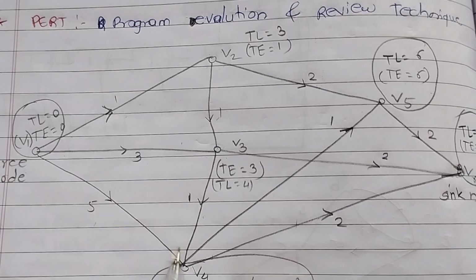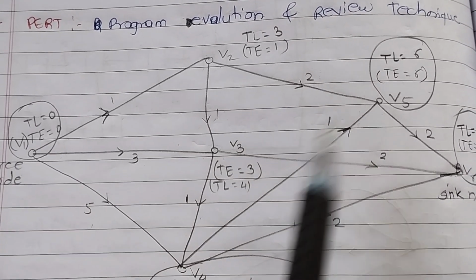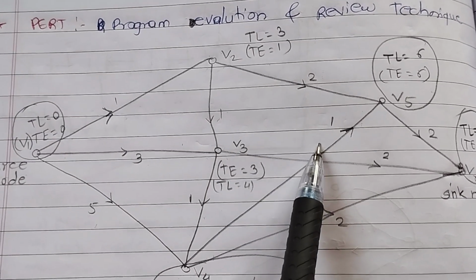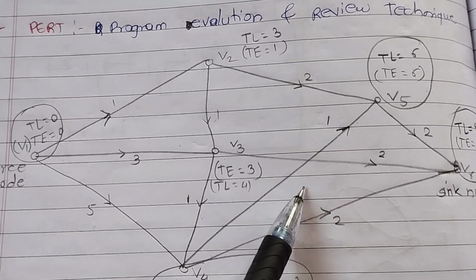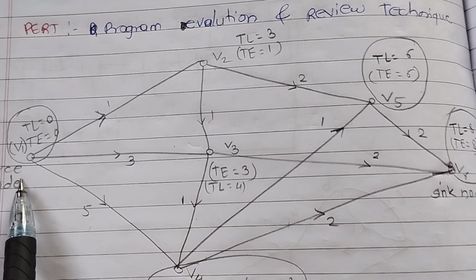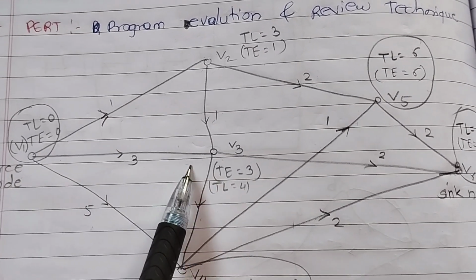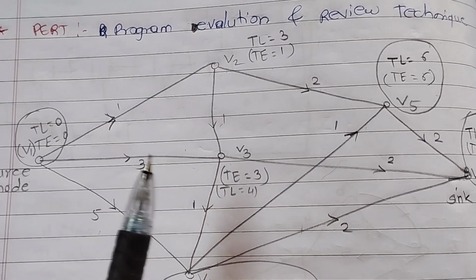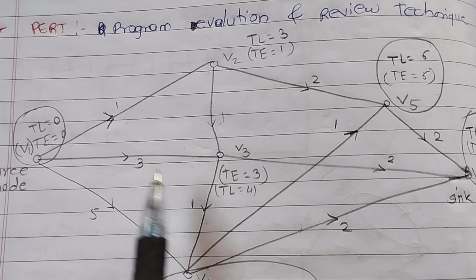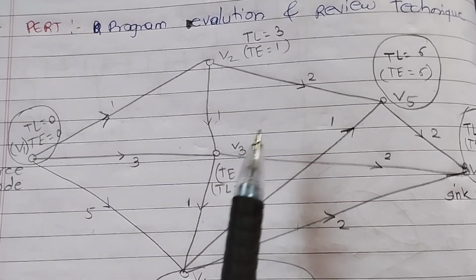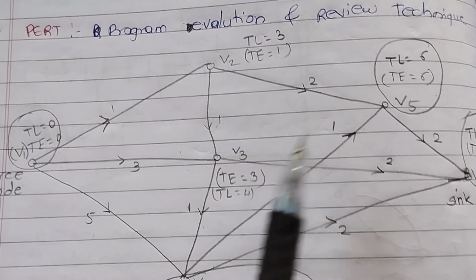Go from V1 to V4, V4 to V5, the count is 1 plus 5, that is 6. Another way is V1 to V3, V3 to V4 and V4 to V5, the path weight is 3 plus 1, 4, 4 plus 1, 5. So the maximum value is 6, so TE of V5 is 6.